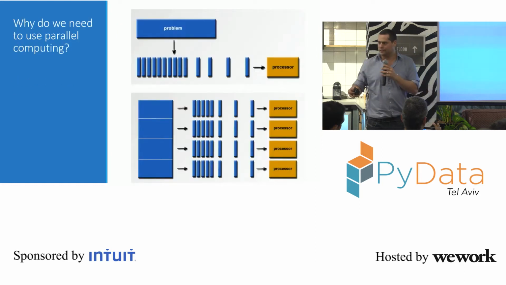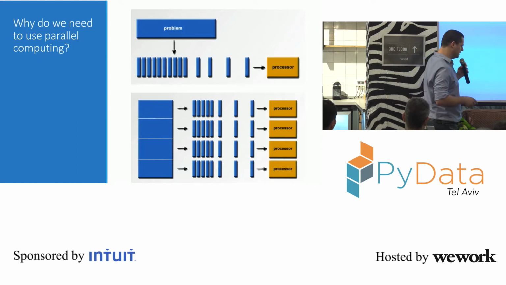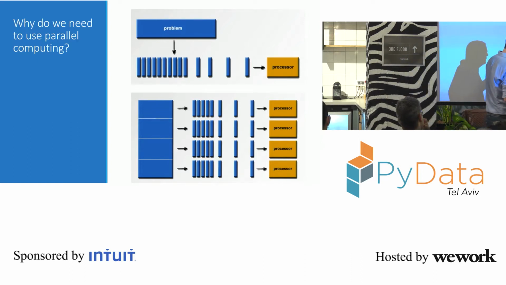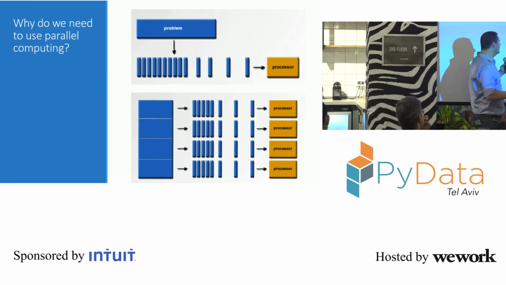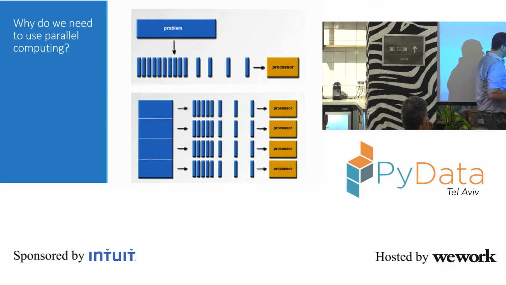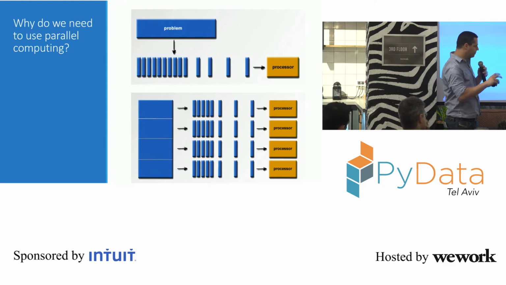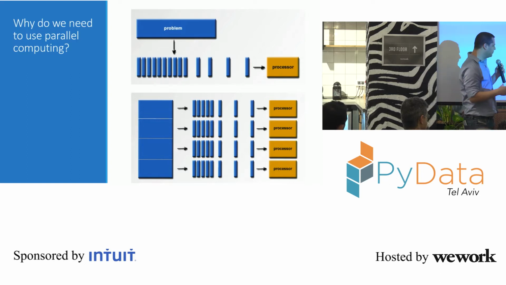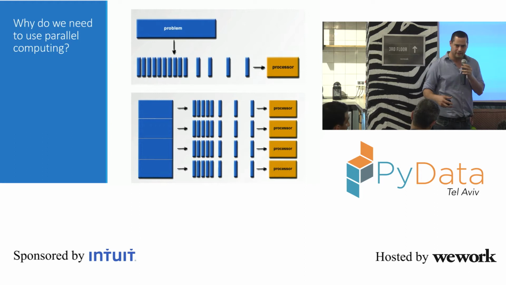I think you're probably well aware of the basic problem of parallelism. When you have a problem that you can think of as small little problems, and you feed it without parallelism to the processor, you get a bottleneck.